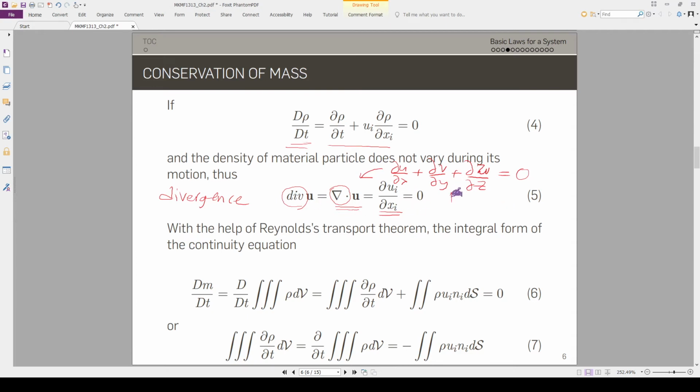If I further simplify this equation, the velocity components are represented by u_i, and the distances in the x, y and z directions are given by x_i, and all of this equals 0 as well. So they are actually equivalent.